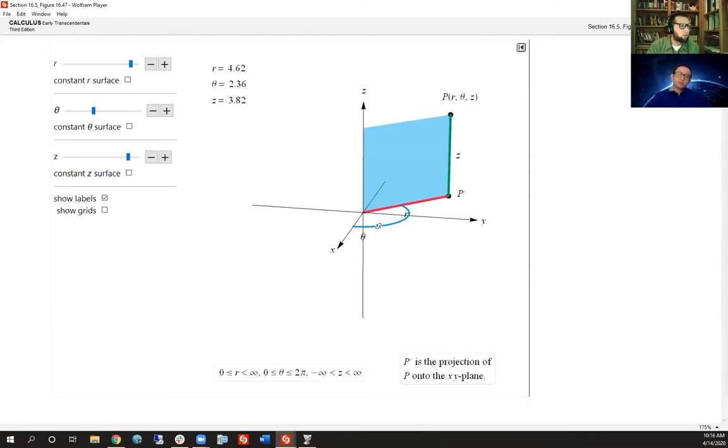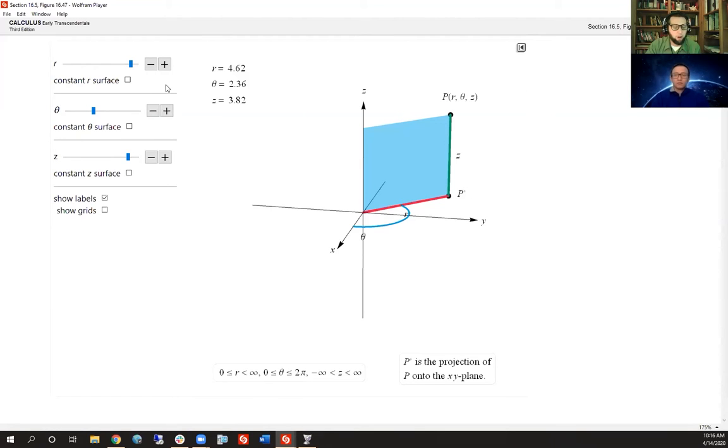So r, sorry, r is the distance from the z-axis. Theta is the angle swept out from the positive x-axis. And z is the height above the xy plane, or below the xy plane. So that should make sense.